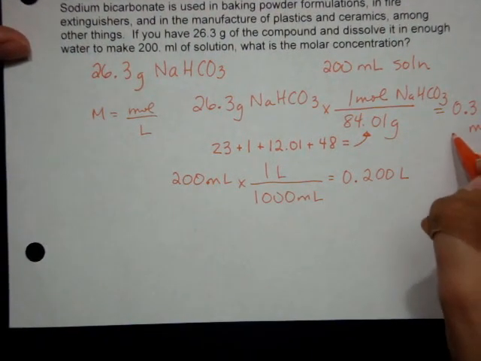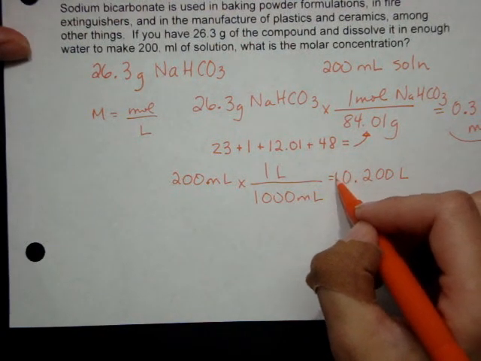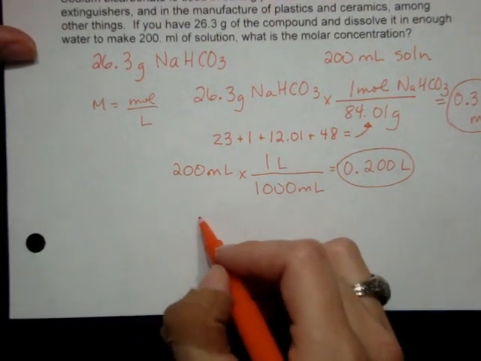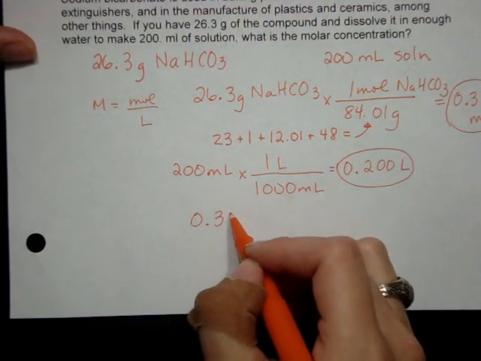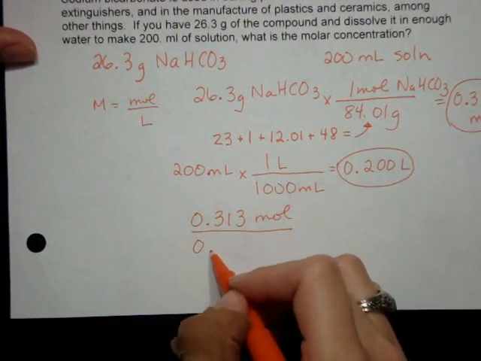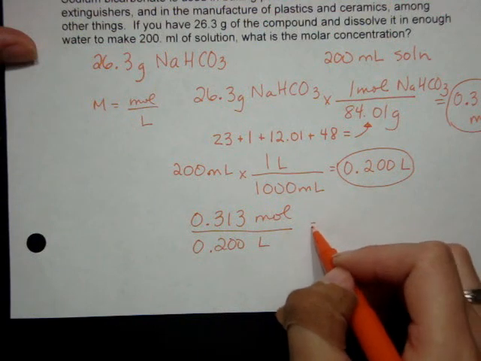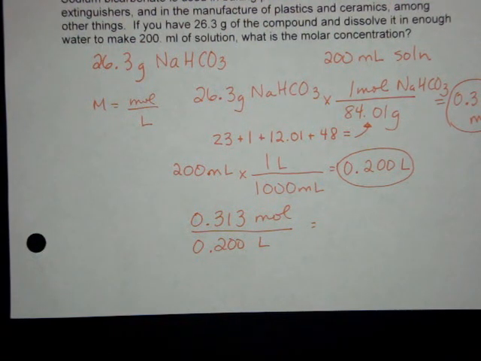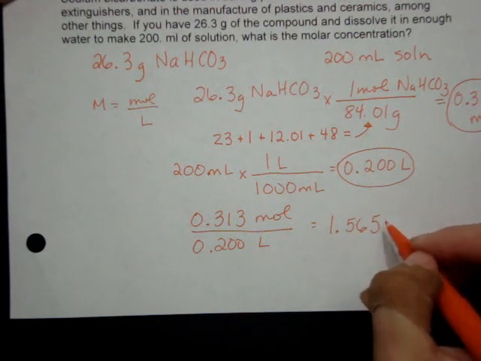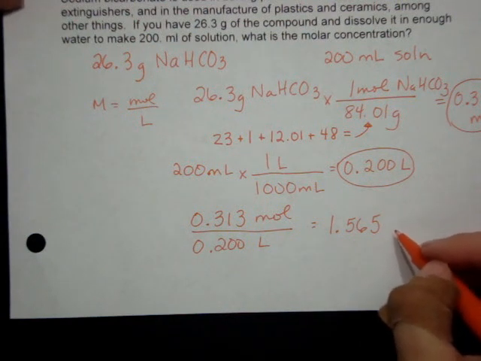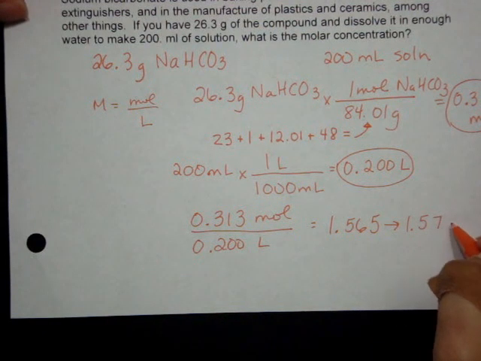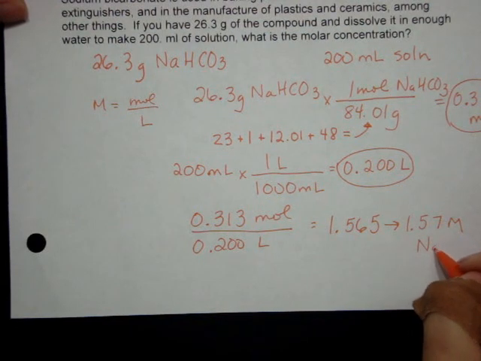And now you have your moles and you have your liters, and you can divide the two of them. 0.313 moles per 0.200 liters, and you get 1.565. We only have 3 sig figs here, so I would probably round that to 1.57 molar sodium bicarbonate.